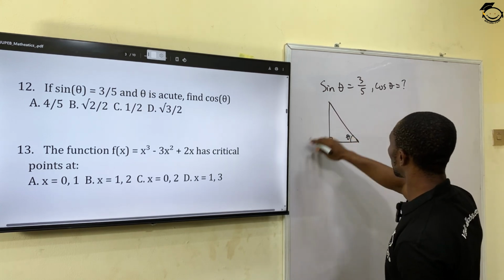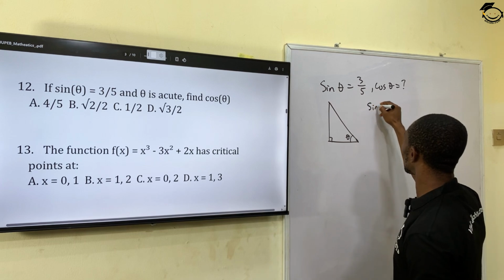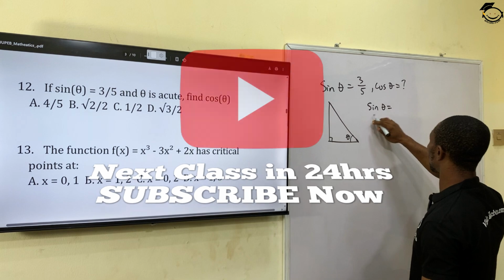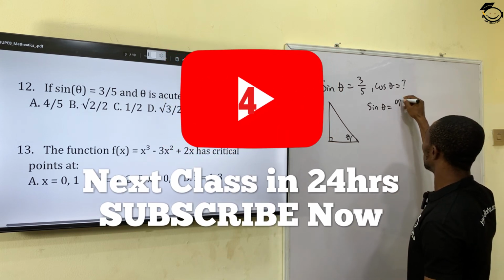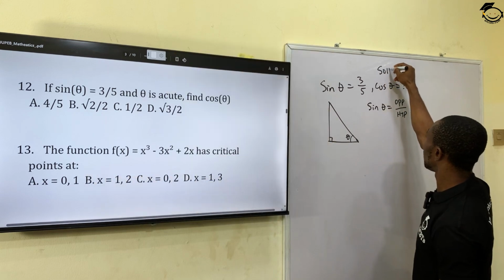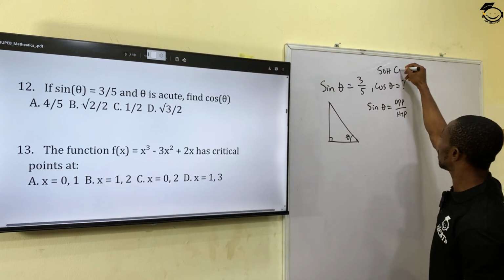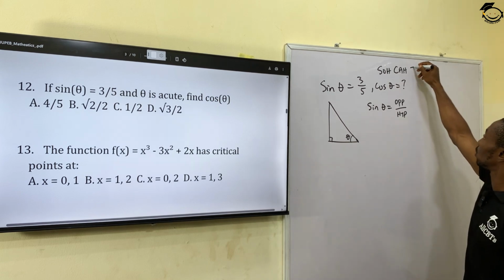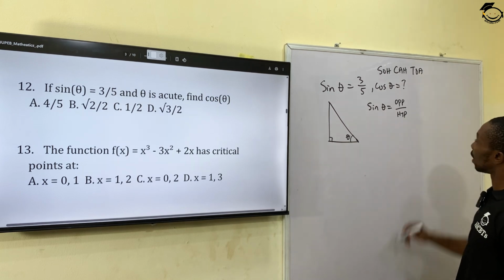Now, from SOHCAHTOA, we know that sine theta equals opposite over hypotenuse, and cos theta equals adjacent over hypotenuse, while tan theta equals opposite over adjacent.